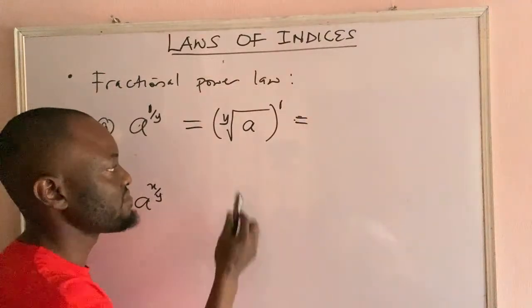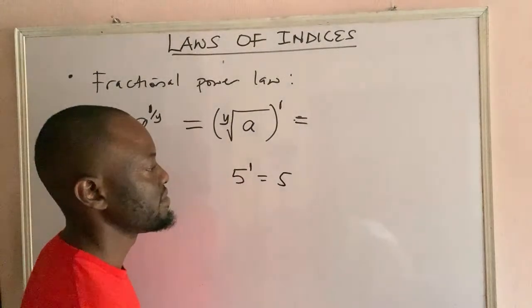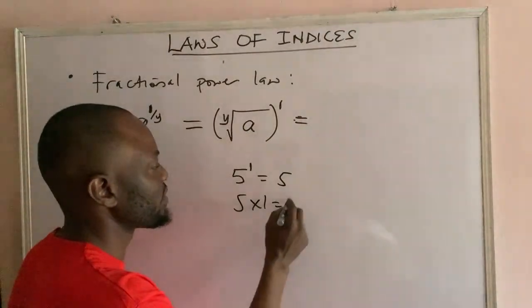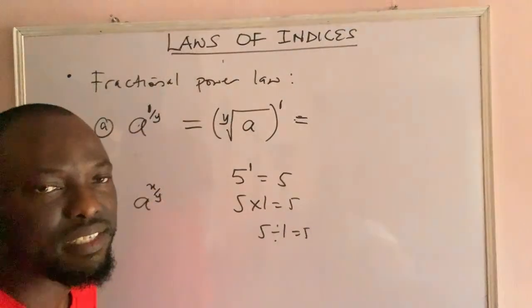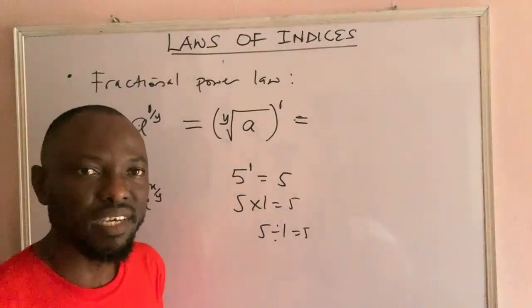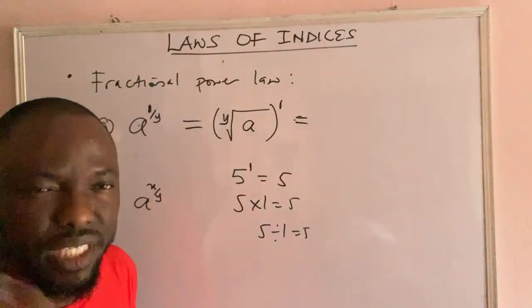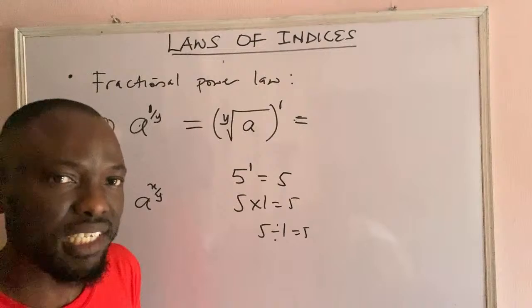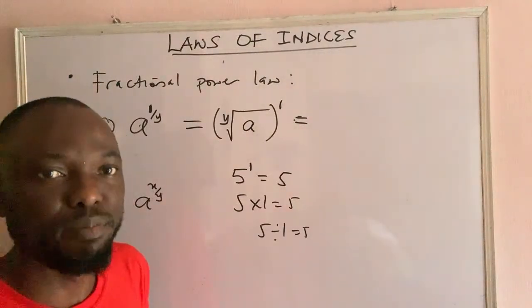What I meant is that if I say 5 raised to the power 1, I'm going to get a 5. 5 multiplied by 1, I'll get a 5. 5 divided by 1, I'll get a 5. 1 has no effect on multiplication, division, and exponential, raising power. If you raise anything to the power of 1, you're going to get that thing. If you multiply anything by 1, you get that thing.